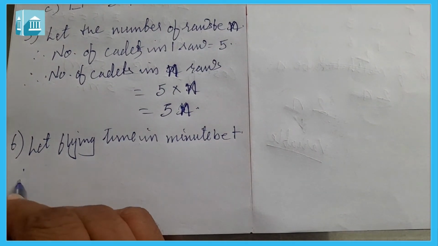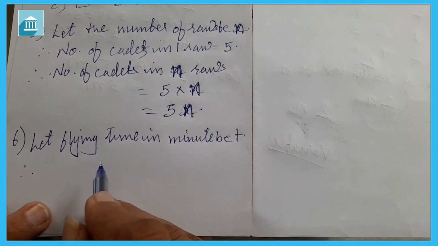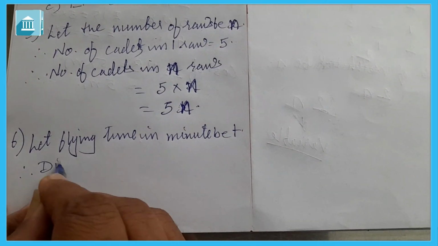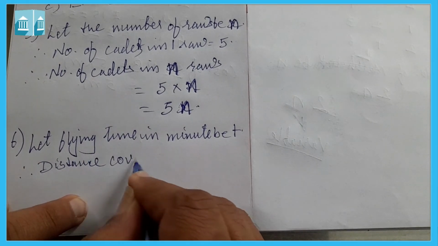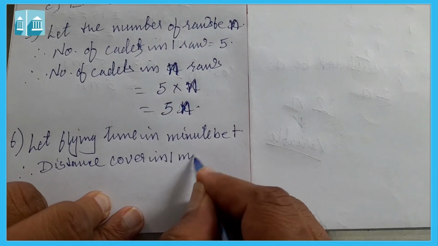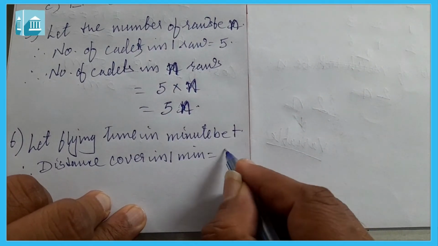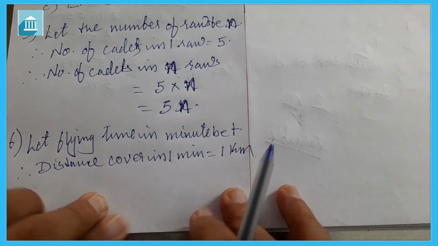So therefore, it is given that in 1 minute, the distance covered is equal to 1 kilometer. It is given the distance the bird flies in 1 minute.